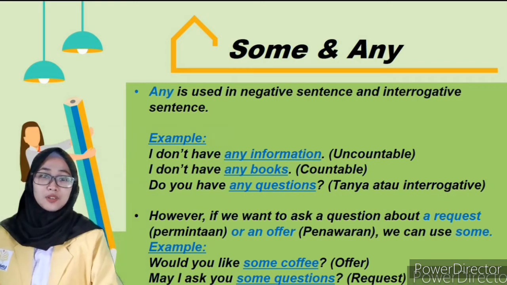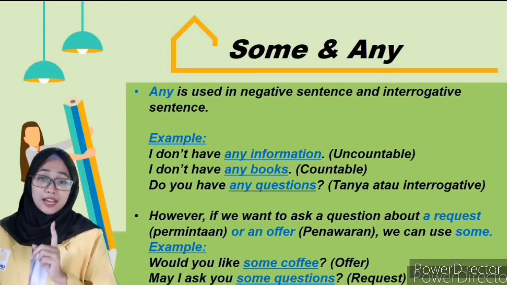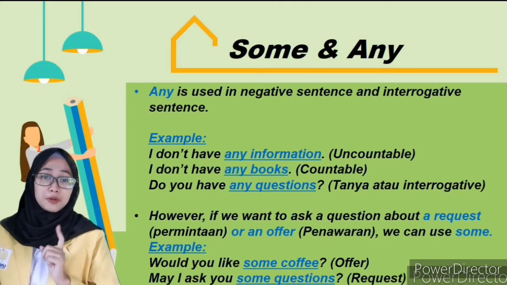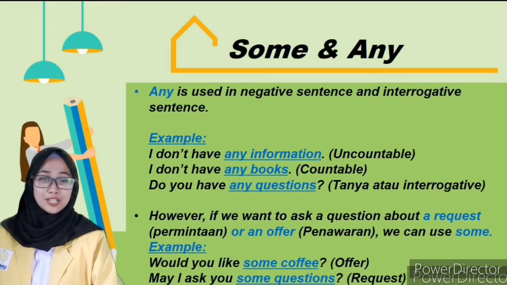And also, this sentence is negative, so we have to use any. And then the second example, we can see I don't have any books. Books here is countable noun karena buku bisa dihitung jumlahnya. And this sentence is also a negative sentence, so we have to use any.